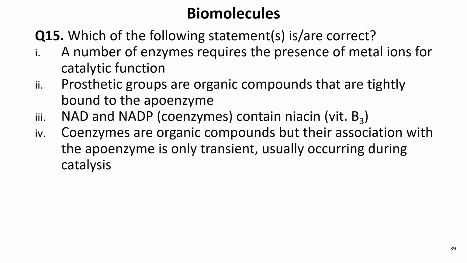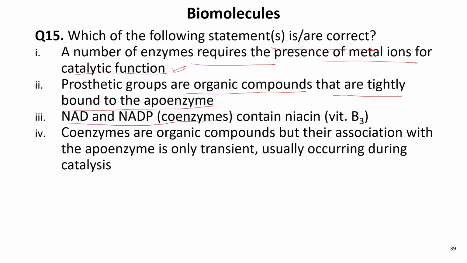Which of the following statements are correct? A number of enzymes require the presence of metal ions for the catalytic function. Prosthetic groups are the organic compounds that are tightly bound to the apoenzyme.